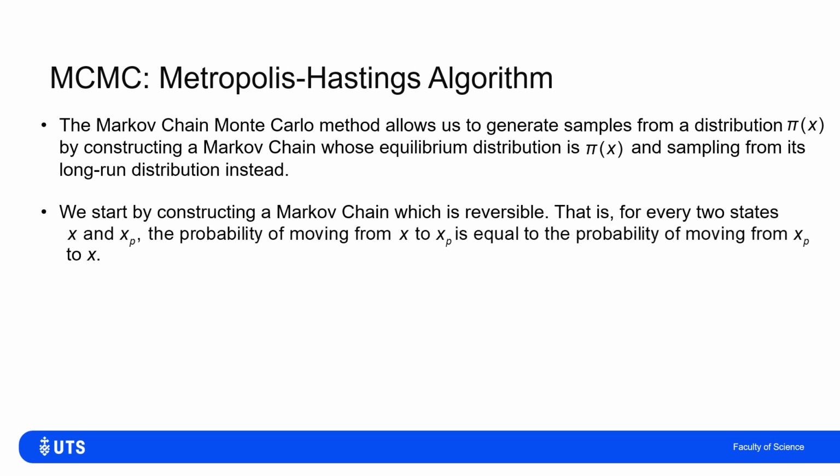So I start by setting up a chain which is reversible and making it such that the probability of moving from x to xp is equal to the probability of moving xp to x. Then I have this fact that pi of x times the probability of xp given x has to be equal to pi of xp times the probability of x given xp. That's just basic conditional probability.